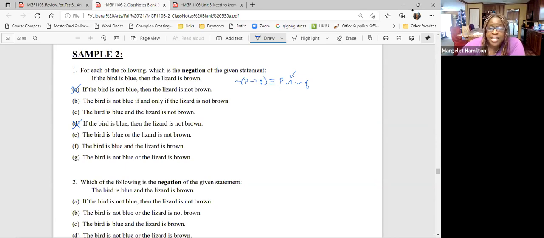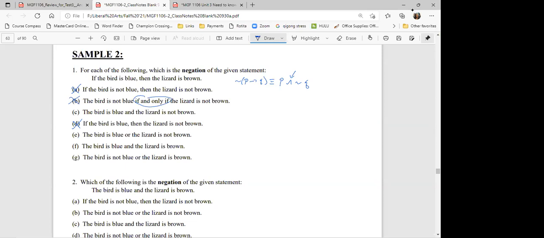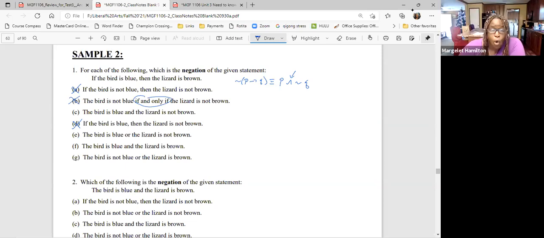Now, we said that we remember that it negates to an and statement. Now, let's get rid of all the ones that don't have the word and in it. Tell me which ones those are. B is in, boy? Yep. It has an if and only if. Do you see that? Can't be my answer. Next. E. E is gone. It has an or in it.